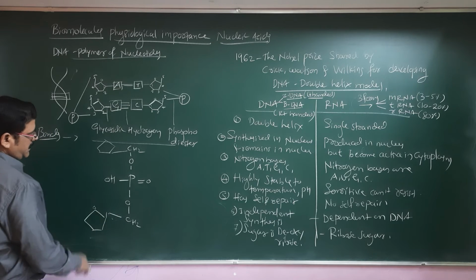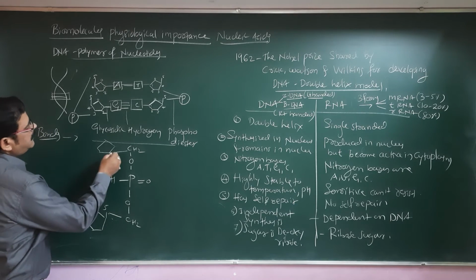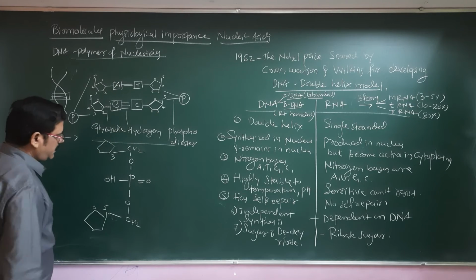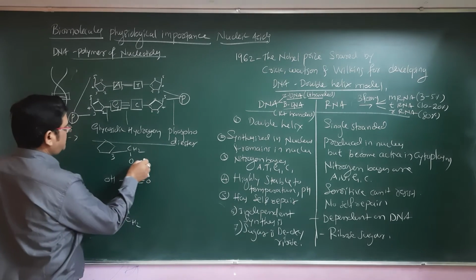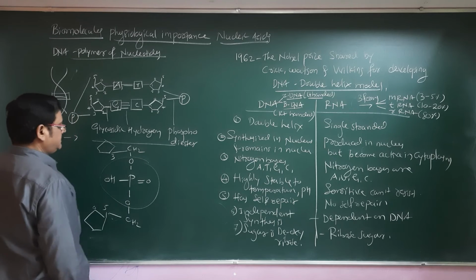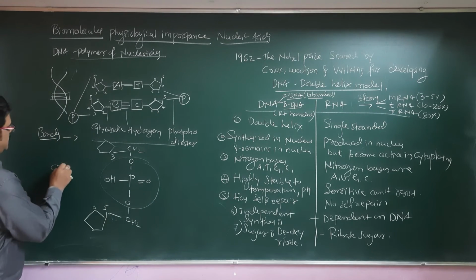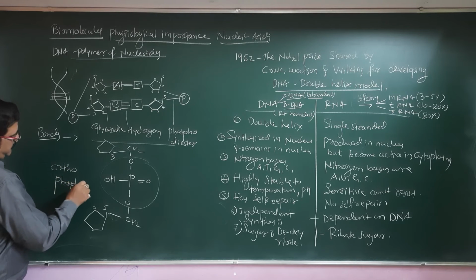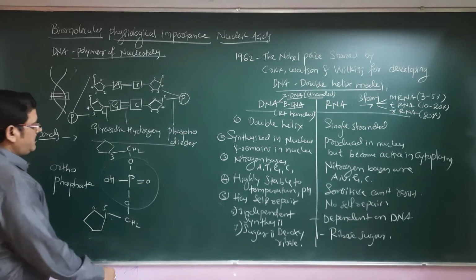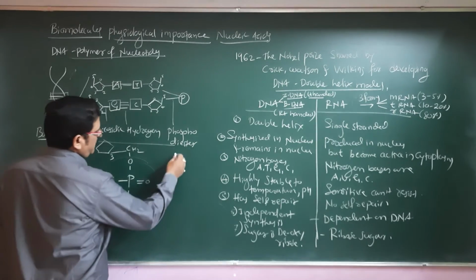So the fifth sugar, and here is the third sugar. It is what we call the phosphodiester bond, or orthophosphate group. Orthophosphate is going to form the phosphodiester bond.